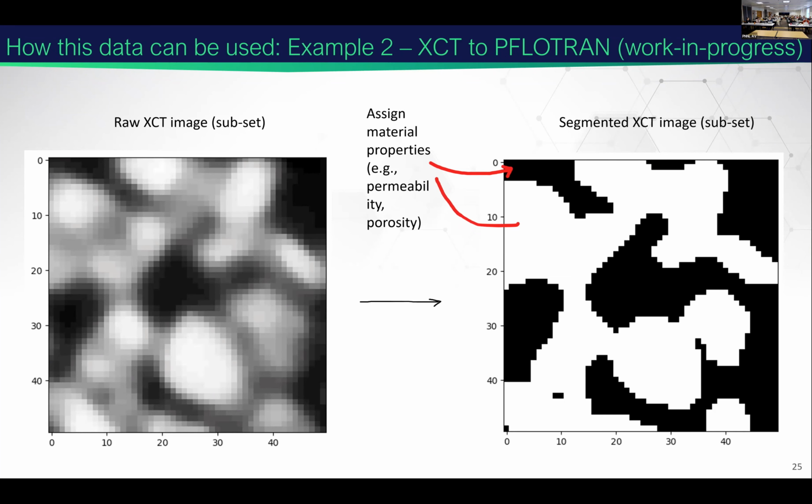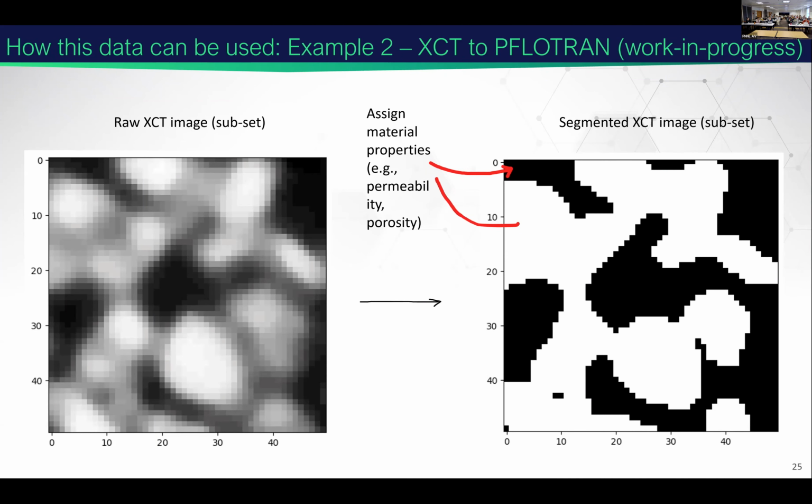So we assign associated permeabilities: highly permeable fields for pore spaces and low permeability fields for non-pore spaces. You can do multi-fidelity modeling: a first cut of low fidelity modeling on the segmented XCT image, and also a high fidelity model on the full resolution XCT image. You can assign a spectrum of heterogeneous permeability values on the image and do that type of modeling.